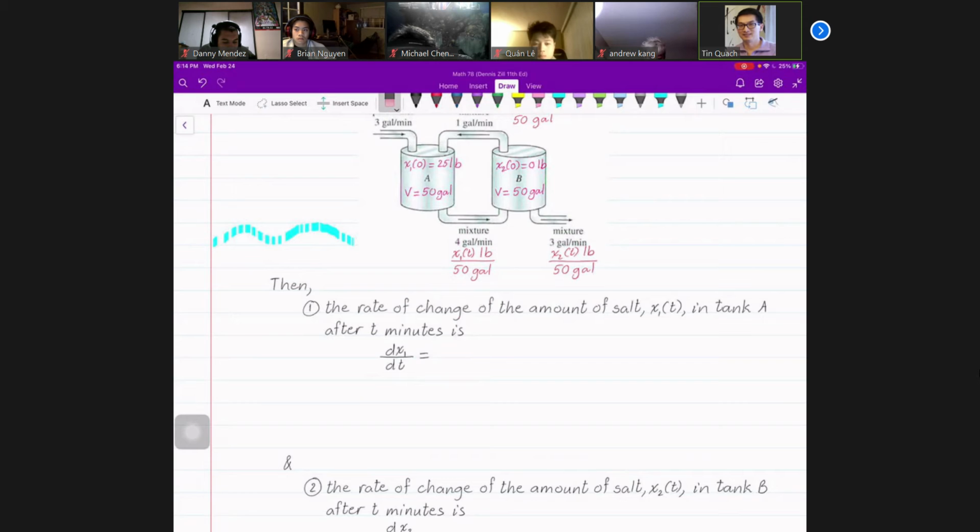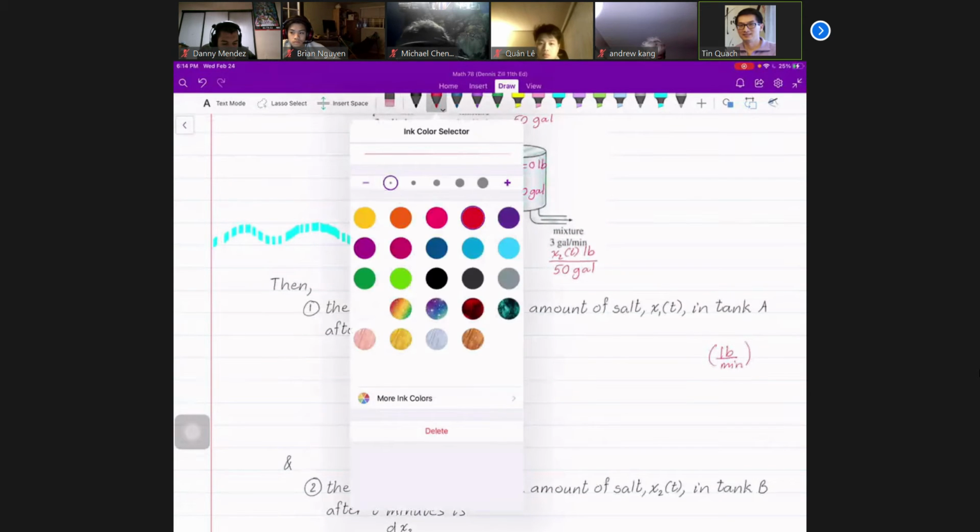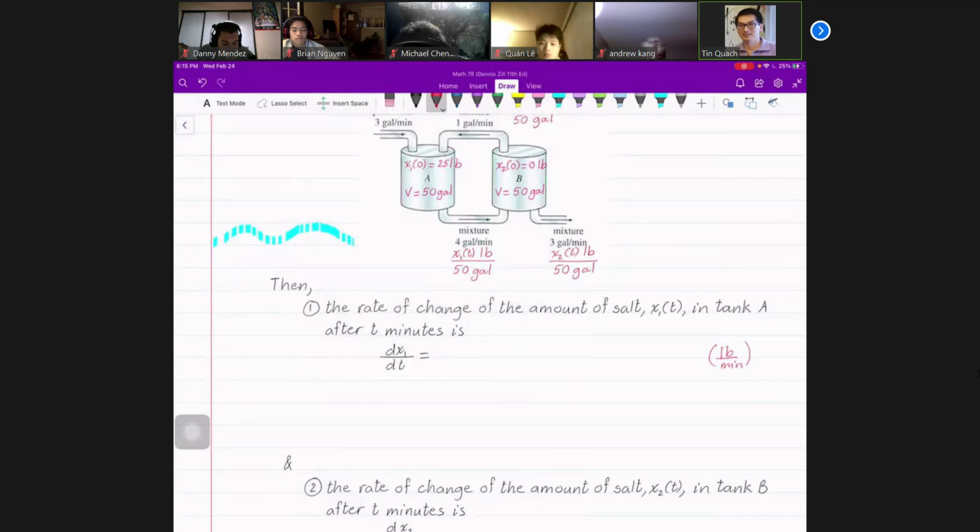So let's go to the right and remind yourself to make sure the unit is pounds per minute, because we are trying to find the rate of change of salt, which is the number of pounds per minute. So the number of pounds per minute of salt in the tank depends on the number of pounds per minute of salt coming in minus the number of pounds of salt coming out per minute.